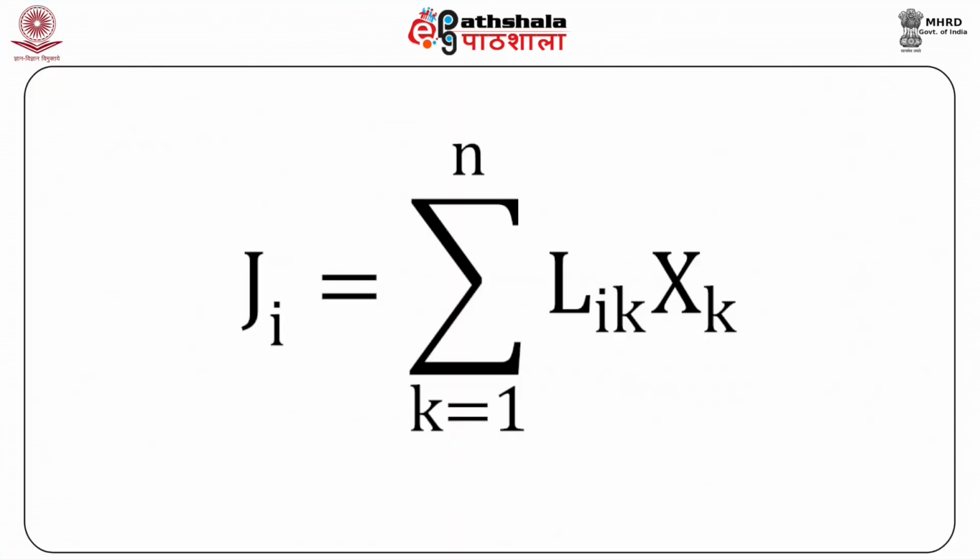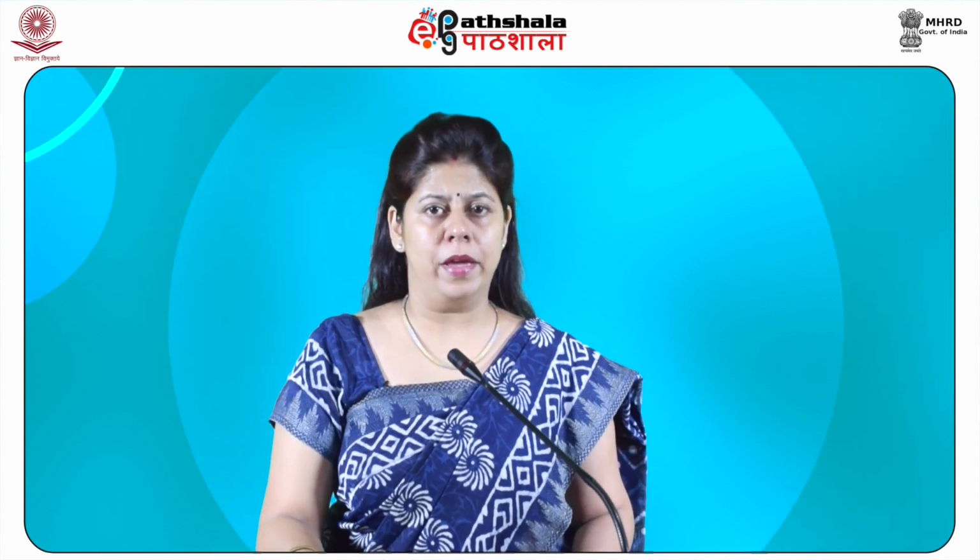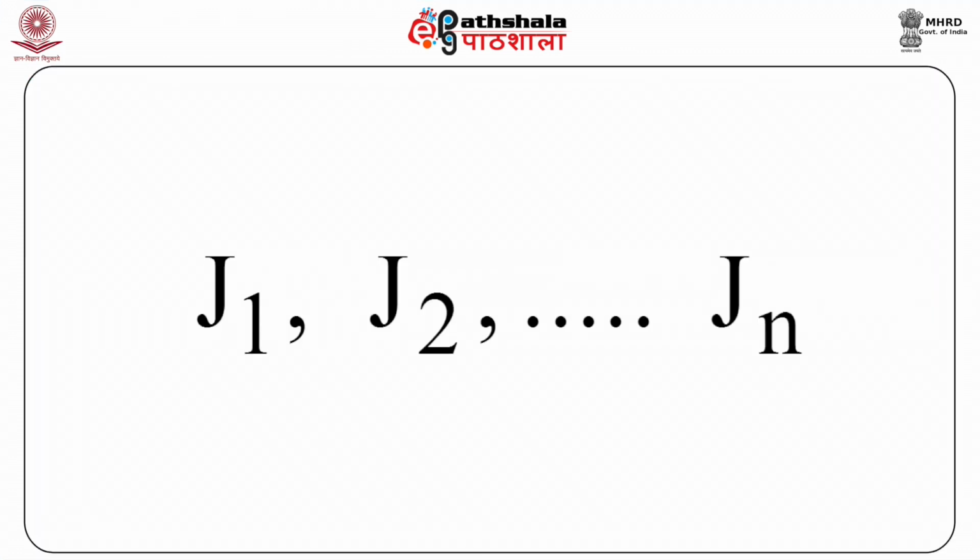We have Ji equals the summation of Lik times Xk, where i equals 1, 2, 3 up to n. The significance of these equations can be explained. Let us consider a system in which n simultaneous flows or processes, that is J1, J2 up to Jn, occur.